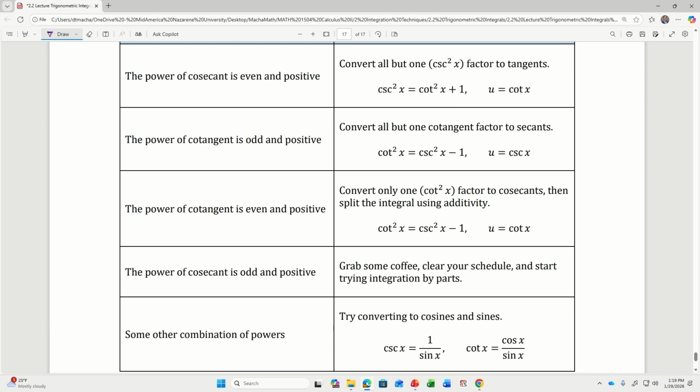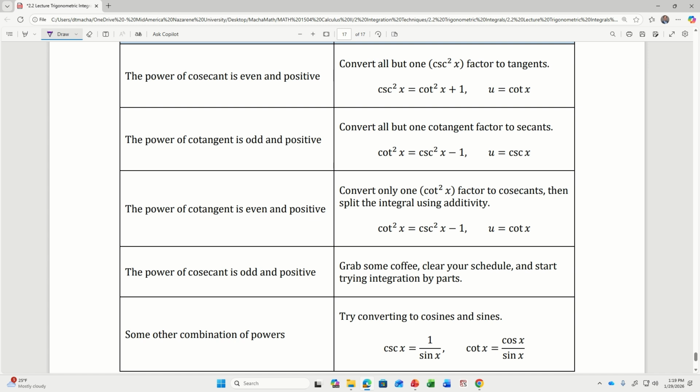But the great trick about this table of stuff is that it's exactly the same as how you would treat secants and tangents. Cosecants and cotangents behave exactly the same as secants and tangents. So you don't have to really learn anything new.